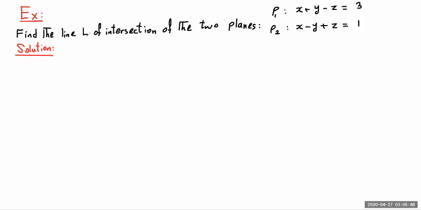To find the point on the line L, let's find any point that exists on B1 and B2 together. Let's give, for example, z equal 0. So on the plane B1, we have x plus y equal 3. And on the plane B2, x minus y equal 1.